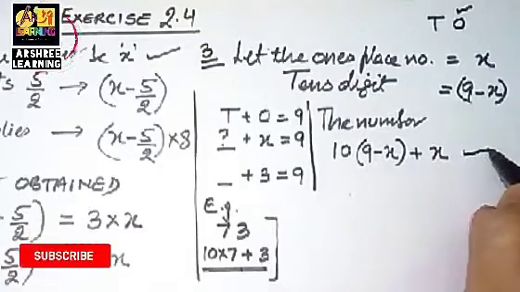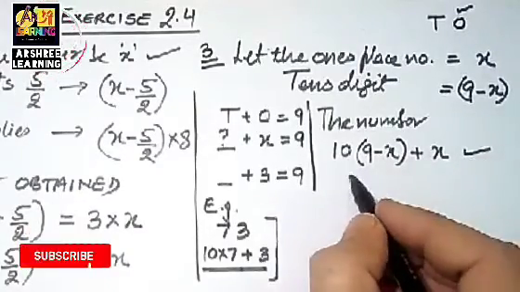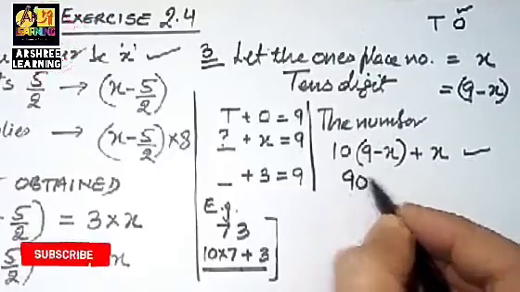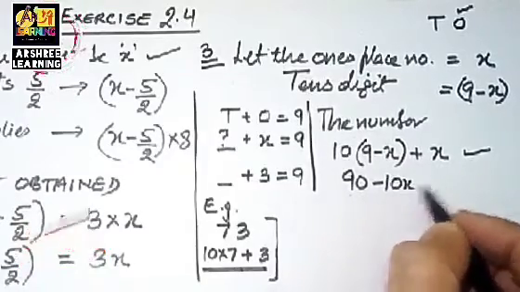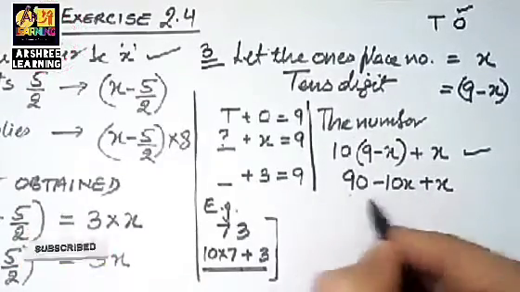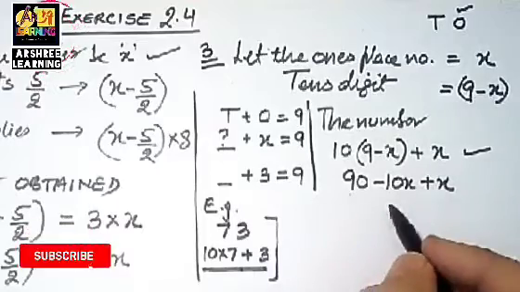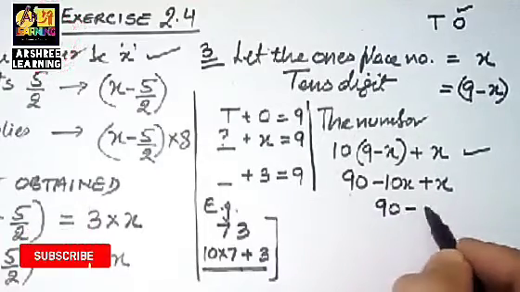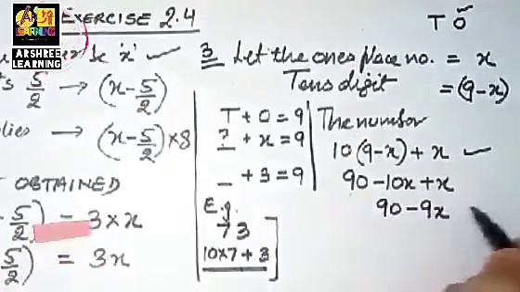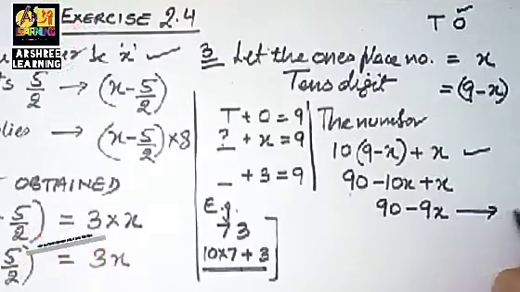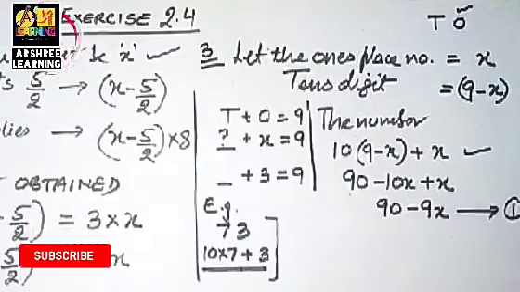Till here I think you have understood. Now solve 10 into 9: it will become 90 minus 10x plus x. Now combine the like terms, it will become 90 minus 9x. This will become your first number, but it is not a number, it is just an expression.